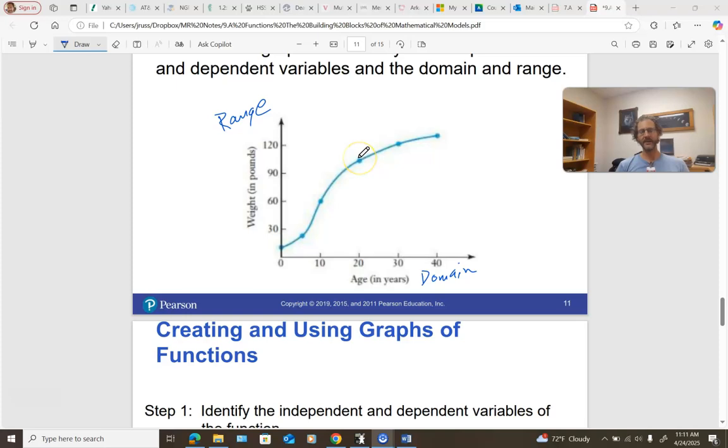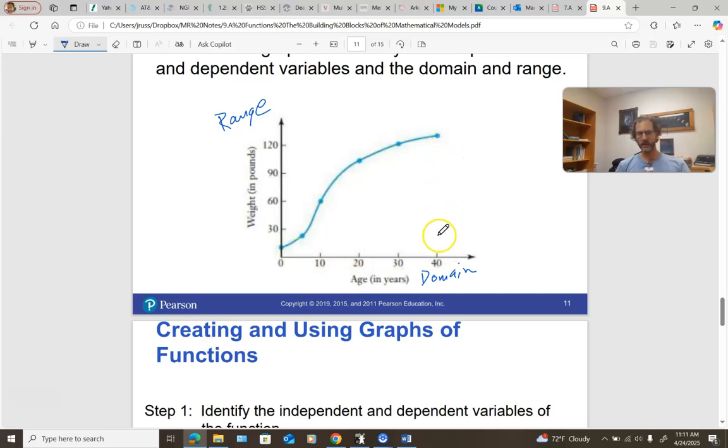Okay, so on average, people tend to gain weight as they get older. There are exceptions, of course, in which people reach adulthood and then they more or less stay the same. As they get older, they even lose weight. But anyway, if we have to quantify, the domain would be all these values, all these different ages.